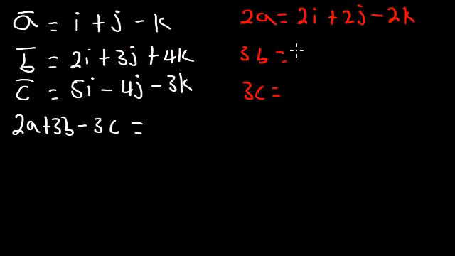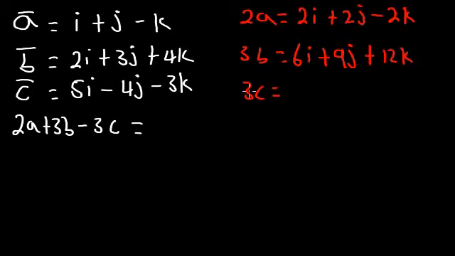So that's going to be 3 times 2i, that is 6i. Then 3 times 3, that's going to be 9j. Then 3 times 4, that's going to be 12k. I hope that is absolutely right.